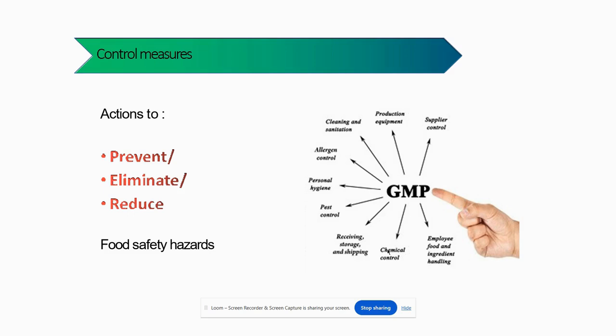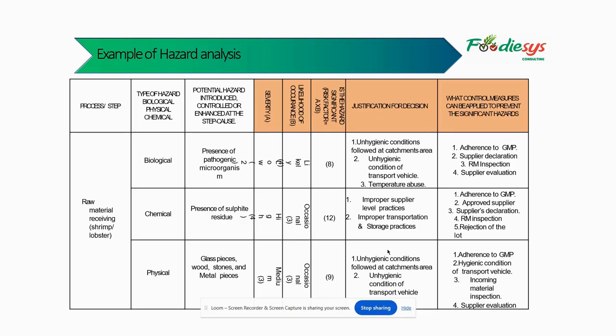Then this is an example of hazard analysis for receiving of material in a shrimp or lobster manufacturing plant. There is a list of biological, chemical and physical hazards. We can find out what is the severity and what is the likelihood of occurrence. The product of severity, that is the number, and the likelihood of occurrence will be 4 by 2, which will give you 8.